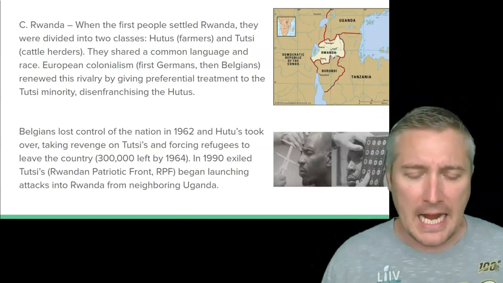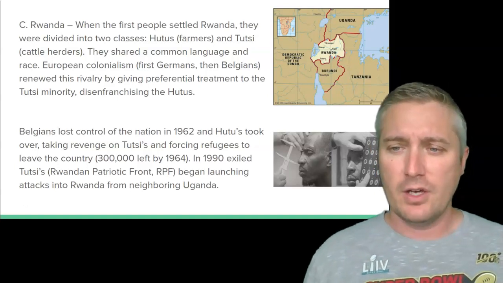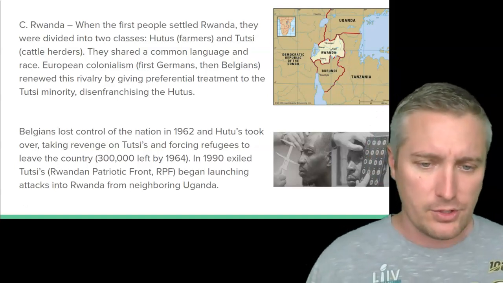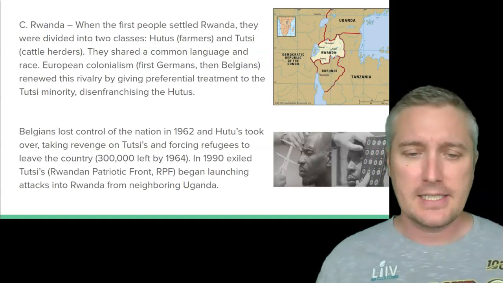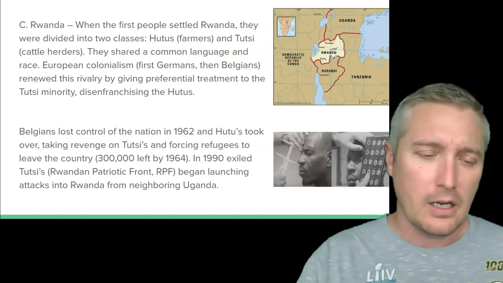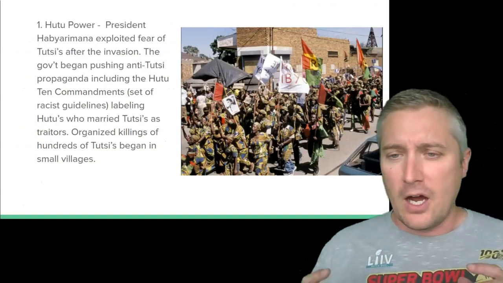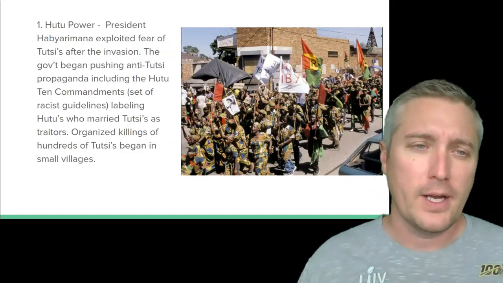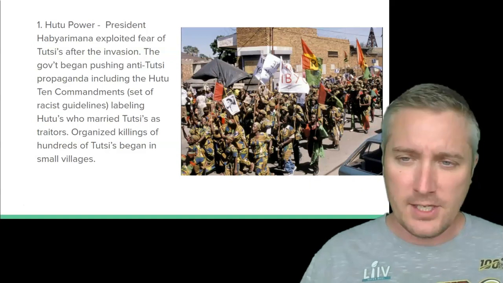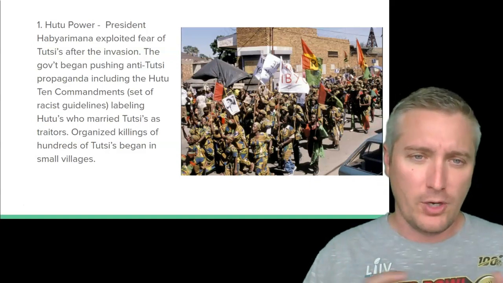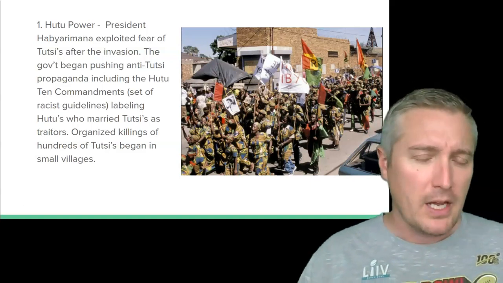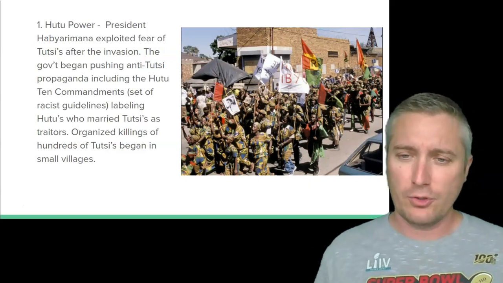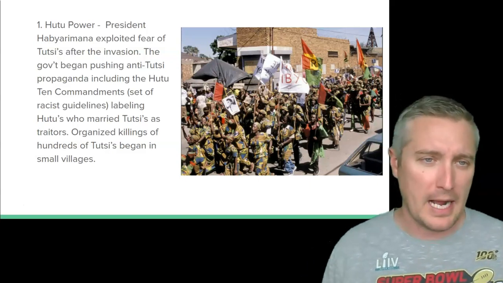By 1990, you started to have a desire to return by the Tutsis, and they began launching attacks into Rwanda from the north. Now, you still had some Tutsis living in Rwanda at this point, and it's at this moment that there tries to be some negotiation. You had kind of the rise of what became known as Hutu power.